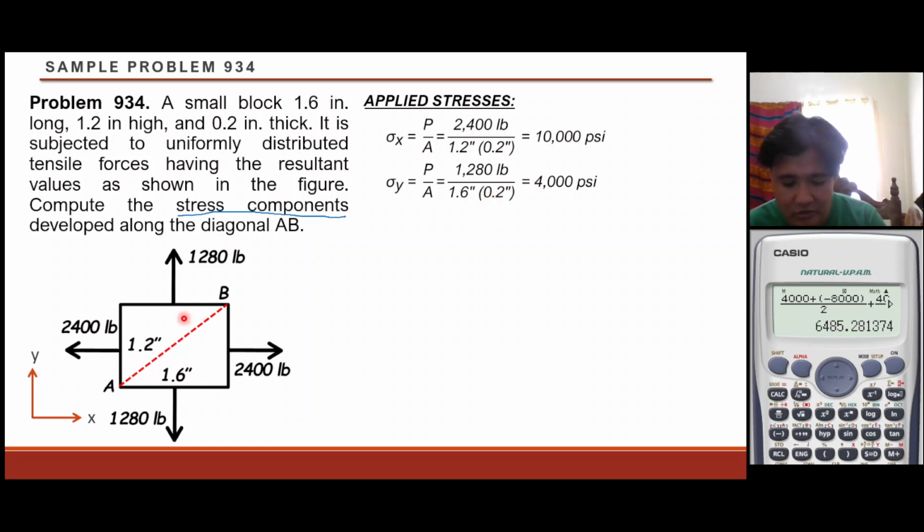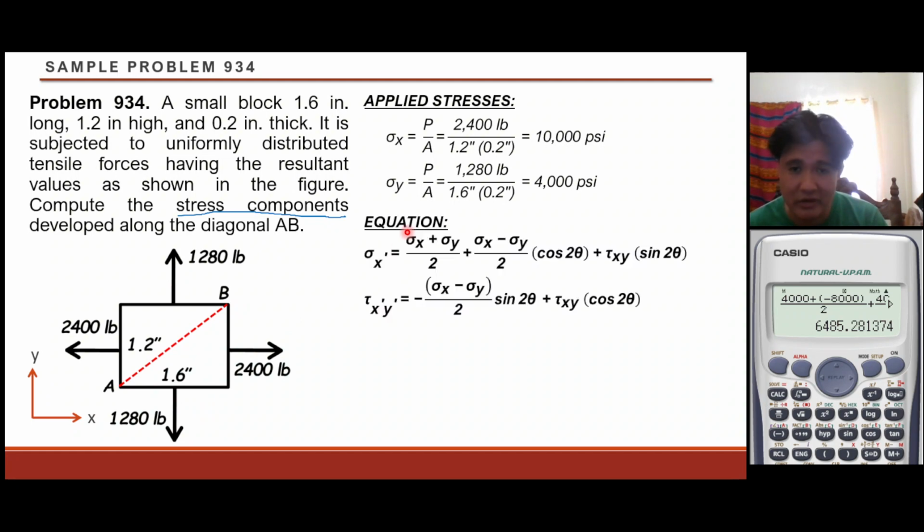Again, we used 1.6 because the cross-sectional area carrying our 1.280 kips is this cross-section. So our area is 1.6 for this dimension times the thickness of our block. We get a stress along the Y direction of 4,000 psi. Okay, so this is now our applied stress for stress Y.